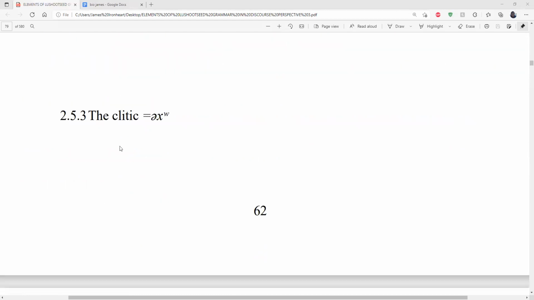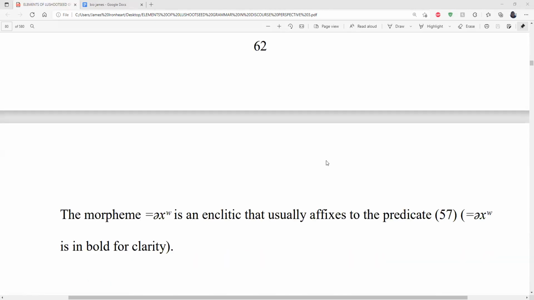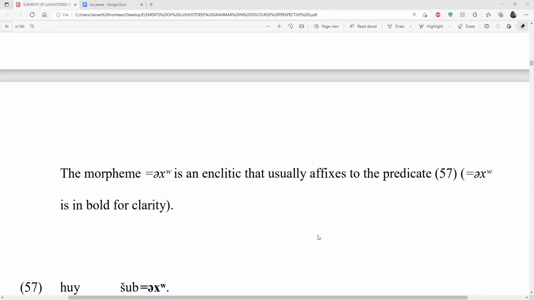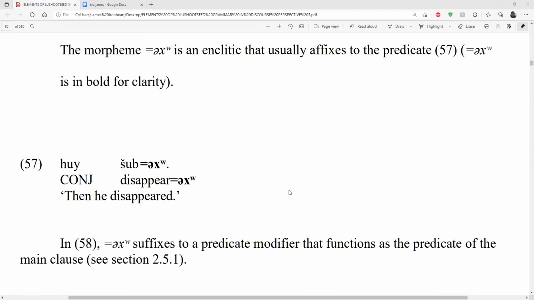It is a suffix morpheme. It is an affix. Usually it affixes to predicates, right?